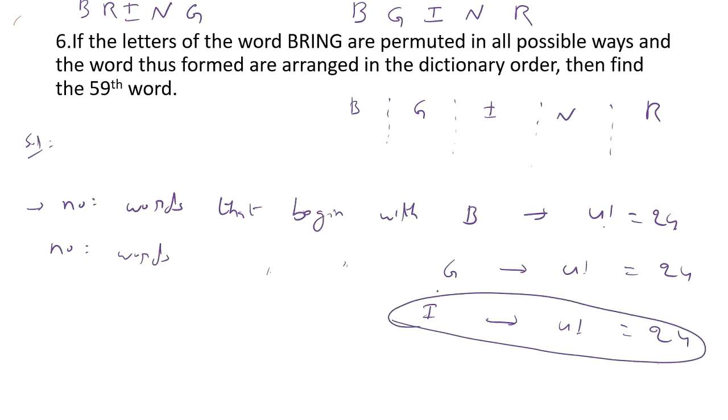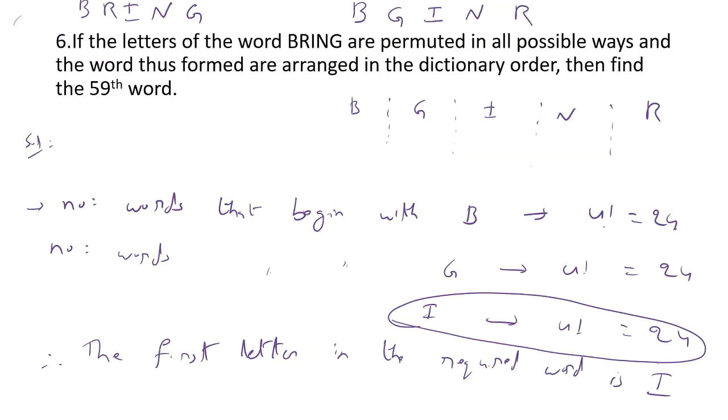So I should not count all the words that begin with I. Therefore, the first letter in the required word is I. Now we have to find the remaining 4 letters.